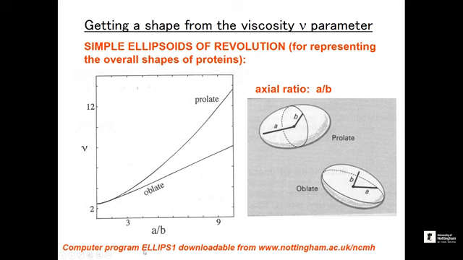In fact, during the practical, you'll be using ELLIPS1. The first part of the practical is at room temperature, and we make a lot of assumptions. We assume the molecule is spherical, and from that you can work out the swelling, the hydration of the molecule.